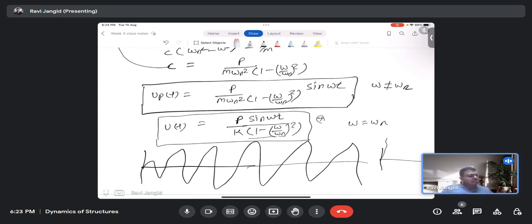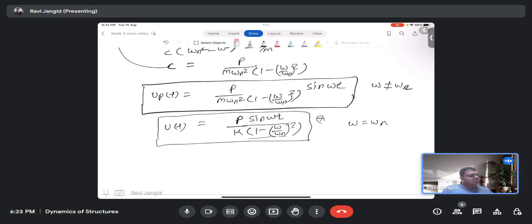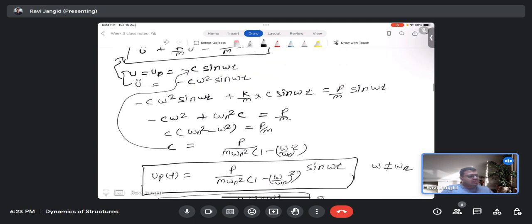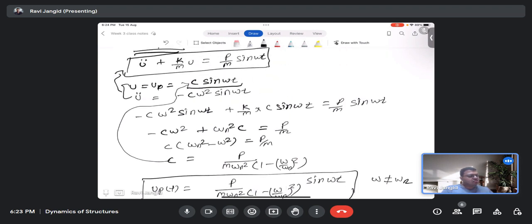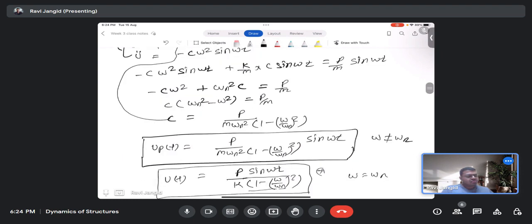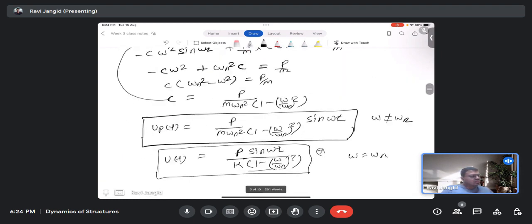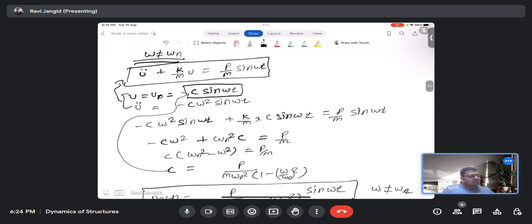So can you tell me how to determine the solution for the resonating condition? For finding the case omega equal to omega n, we considered the solution c sine omega t. Now we can consider another system.